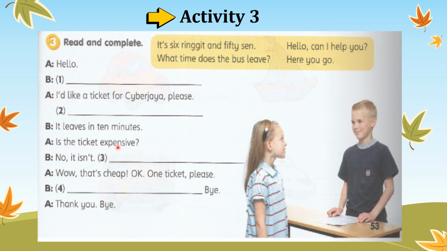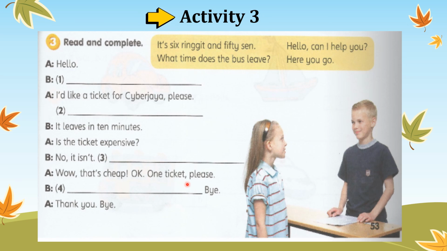Is the ticket expensive? The girl asked. So, what do you think the boy will answer? No, it isn't. So, the boy will state the price. It's 6 ringgit and 50 cents. And then the girl will say, wow, that's cheap.